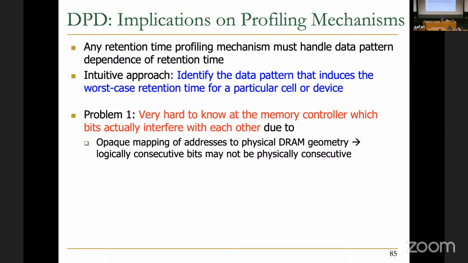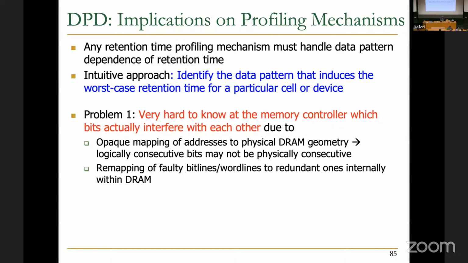When you use a DRAM row address or column address, you don't exactly know which row and column that address corresponds to in the physical area of the DRAM cell. It can be obfuscated. Also there is some remapping going on for the faulty bit lines to improve yield after manufacturing.